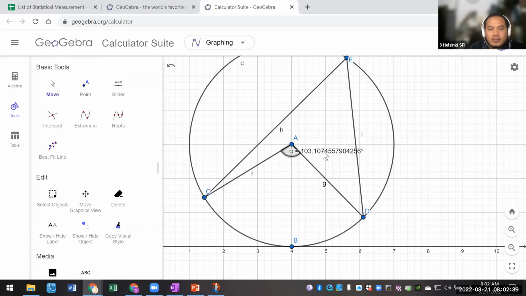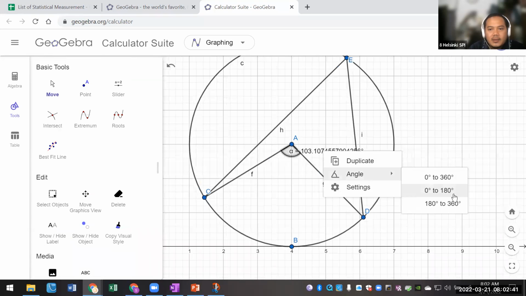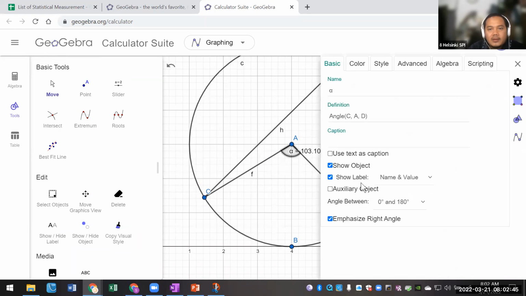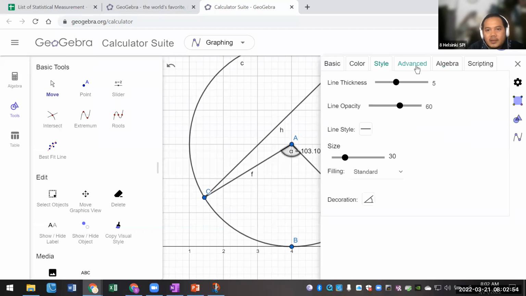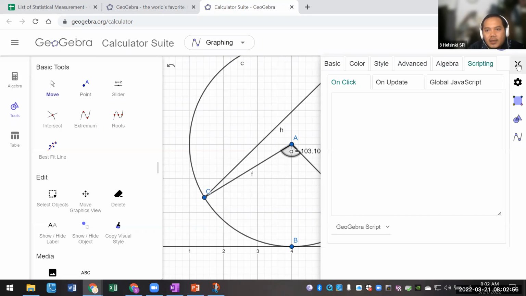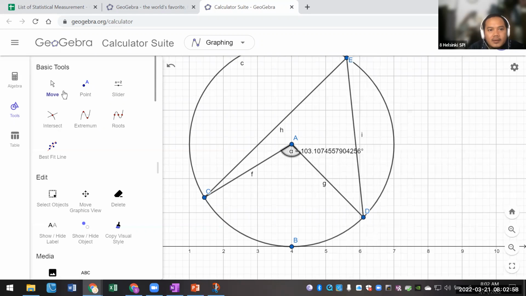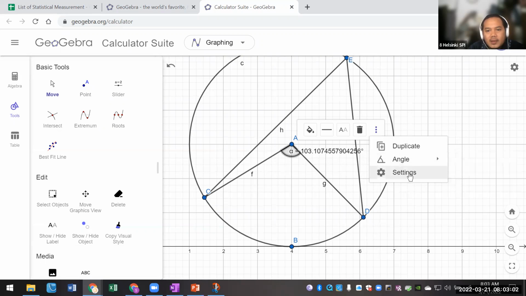Okay, and then I'm going to round that. Wait, I forgot. I'm going to set that into a, wait. Oh, here. Settings.